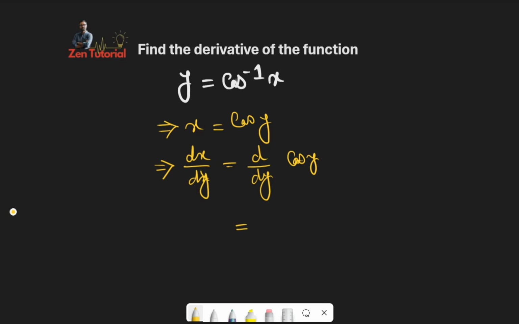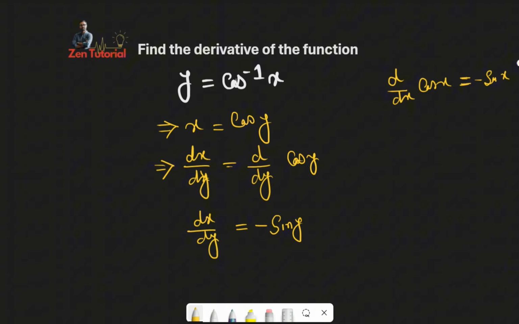We know d over dx of cos x, by the formula of differentiation, is minus sine of x, so it will be minus sine of y.